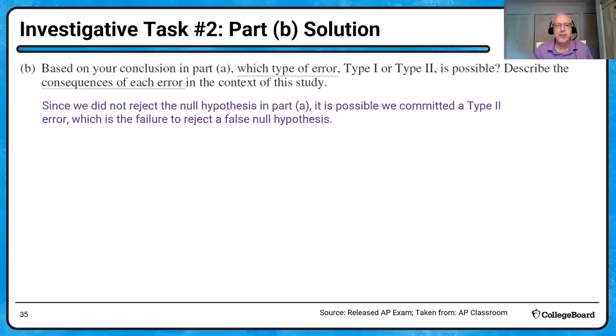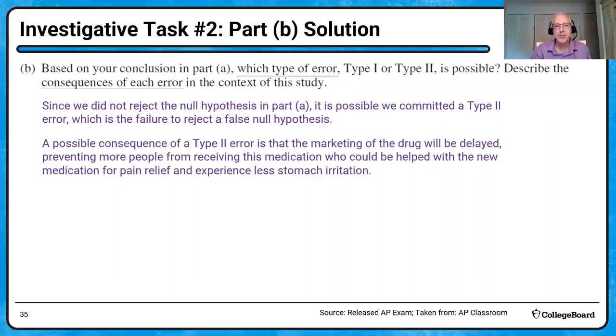We failed to reject the null hypothesis in the previous part. So that means if you fail to, the only type of error you can make is a type 2. Fail to goes with type 2. For your memory reminder. So it's possible we committed a type 2 error, which is the failure to reject a false null hypothesis. What would be a potential consequence of that?